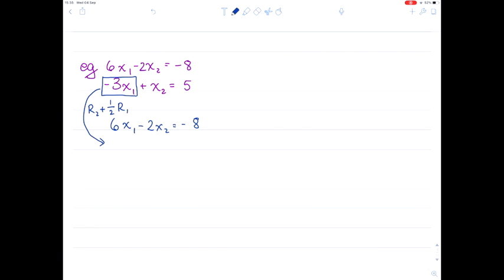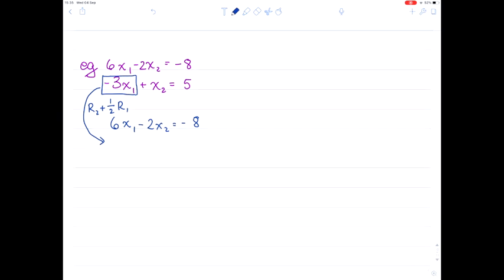of the first row in order to get rid of that 3x1. So I've got minus 3x1 plus 3x1, so that gives me 0x1. Then I've got x2 minus, well, this is just going to be minus x2, which gives me 0. And then I've got 5 minus 4, which is 1.